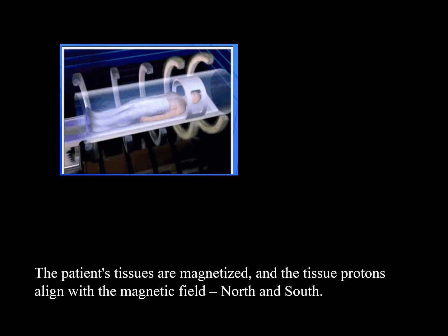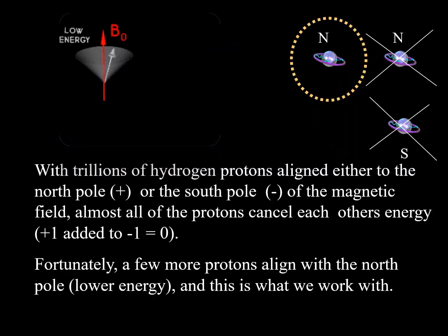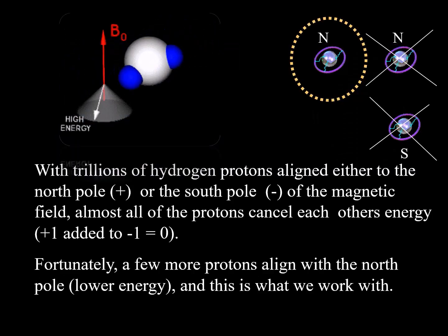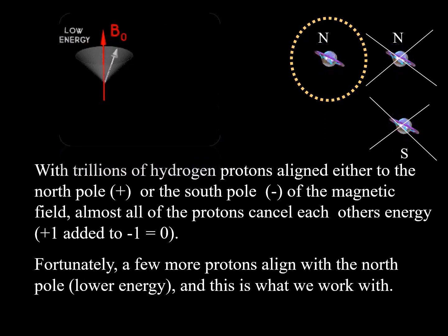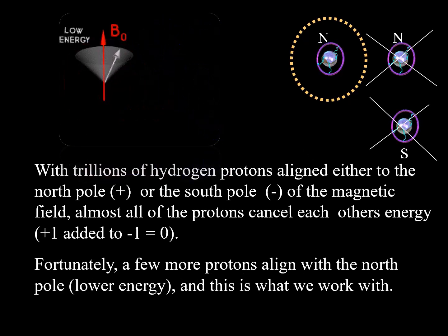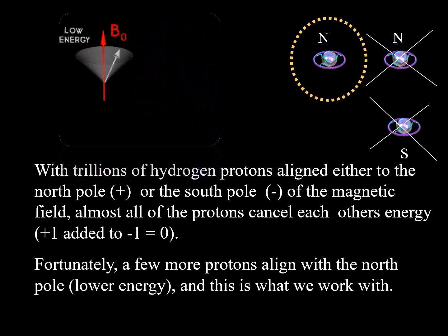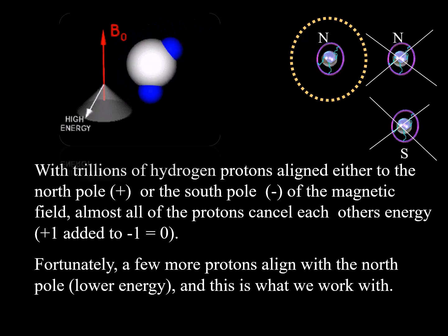When aligned with the magnetic field of an MRI, the protons spin at a frequency that corresponds to the magnetic field. The higher the field, the higher the spin frequency. When a hydrogen proton spins at 0.5 Tesla, it definitely has a different frequency compared to spinning at 3.0 Tesla.